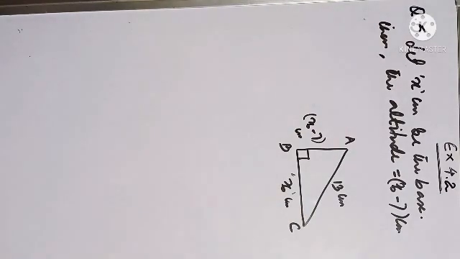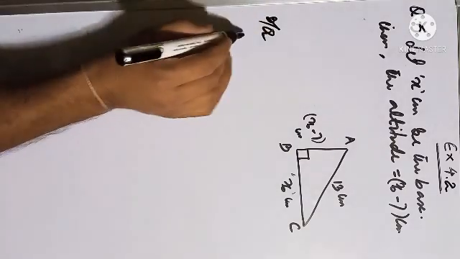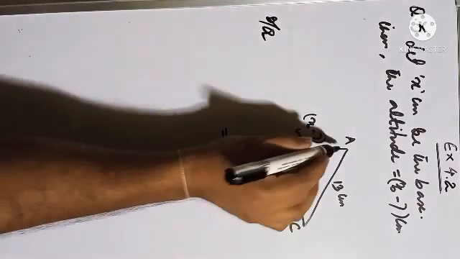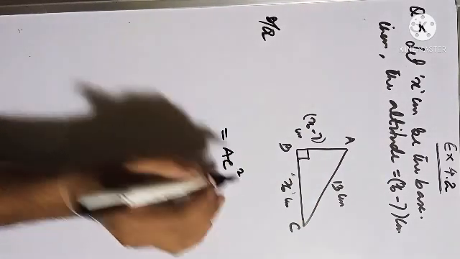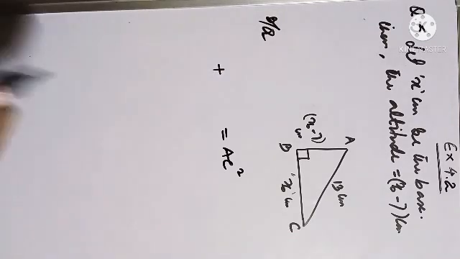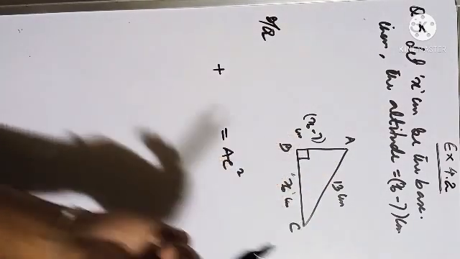As the triangle is a right angle triangle, we can apply the Pythagoras theorem. So by Pythagoras theorem, hypotenuse means AC. AC square should be equal to the sum of the squares of the two remaining sides. Apart from this hypotenuse, the remaining sides are AB and BC.